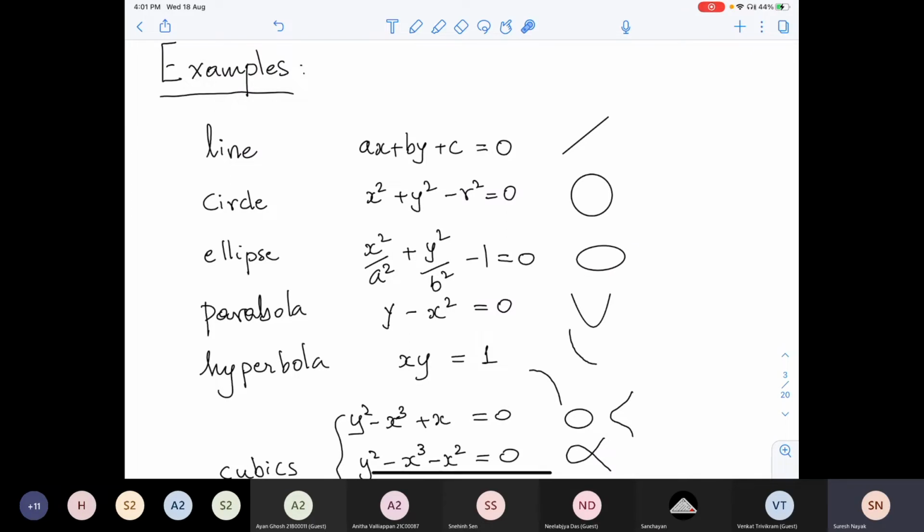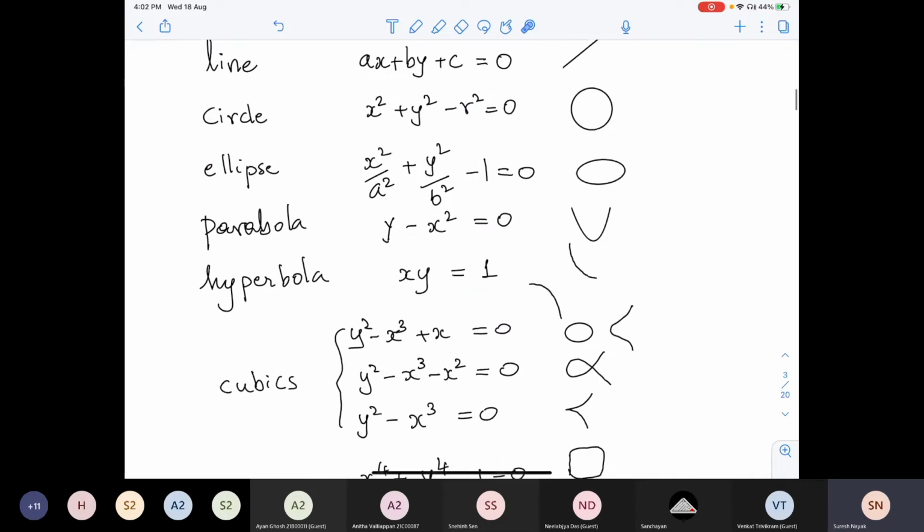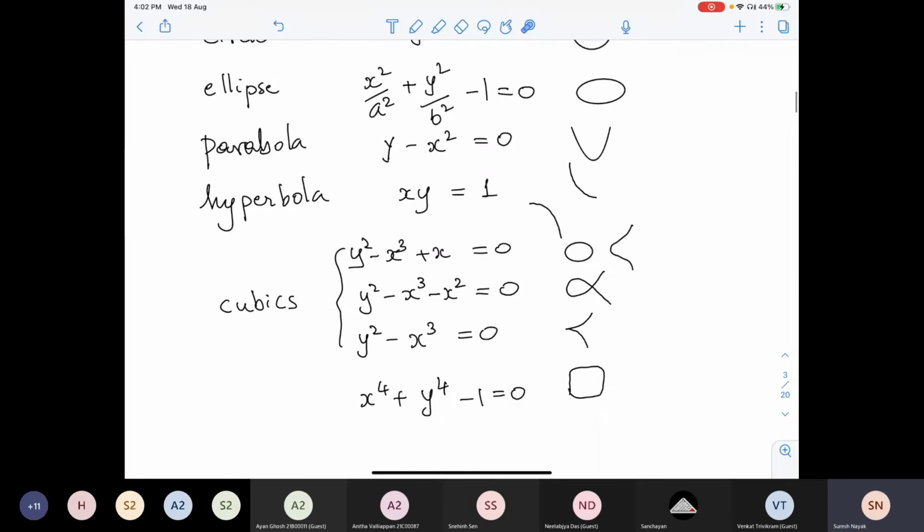This is not the most general form. You can translate these things, and in the case of an ellipse, you can also rotate them, and so you get slightly different looking equations. Here's a very specific kind of parabola I've written. This is your hyperbola here. And some slightly higher degree polynomials.